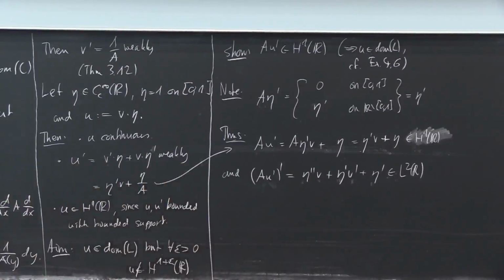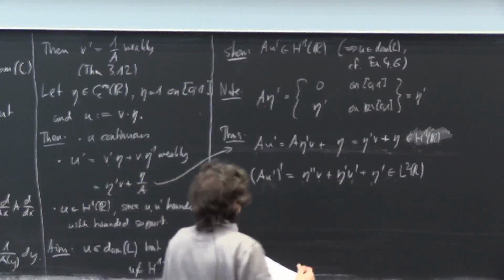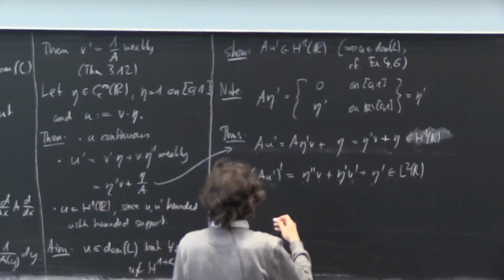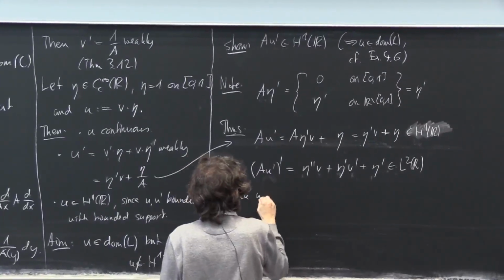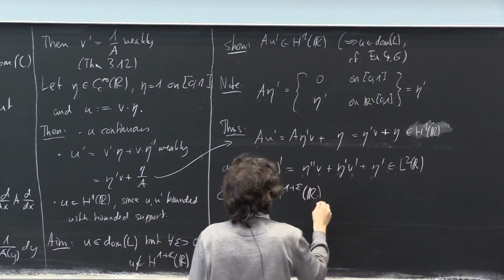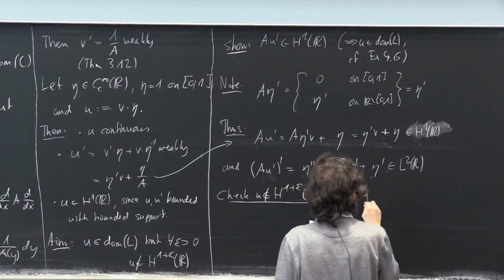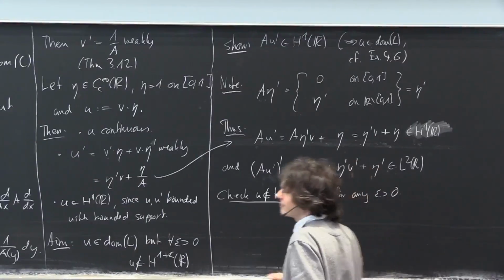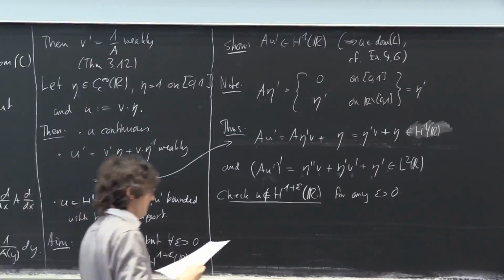What is missing is that U is not better than H1. It's in H1, but it's not better than H1. So check that U is not in H1 plus epsilon for any epsilon. And now this is evidently where the special form of our set E comes into play. So what is U prime?